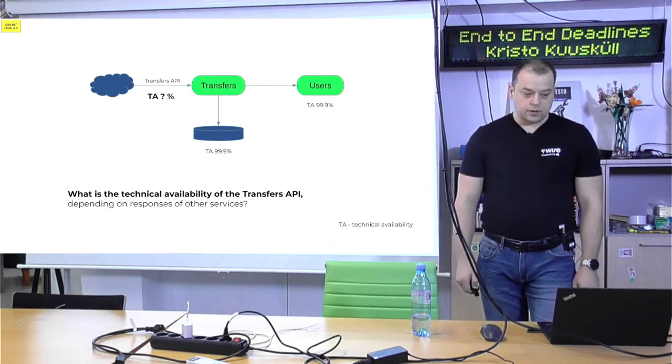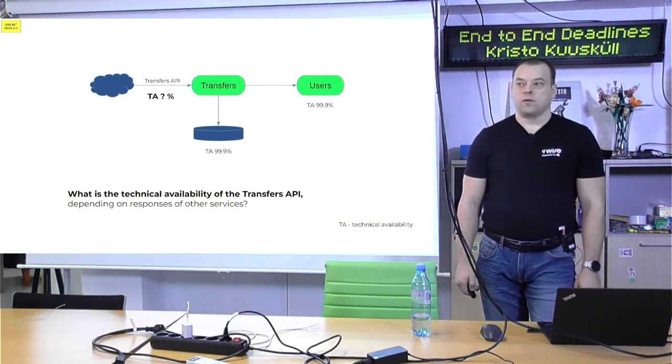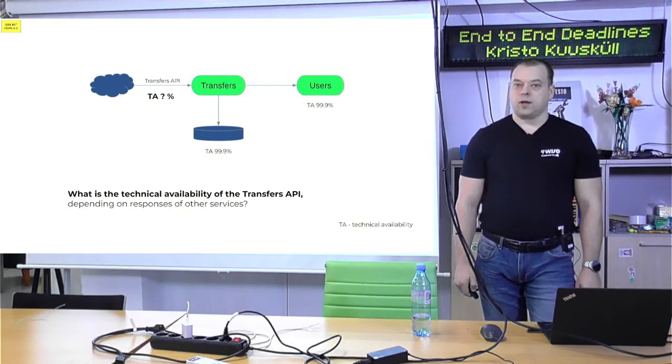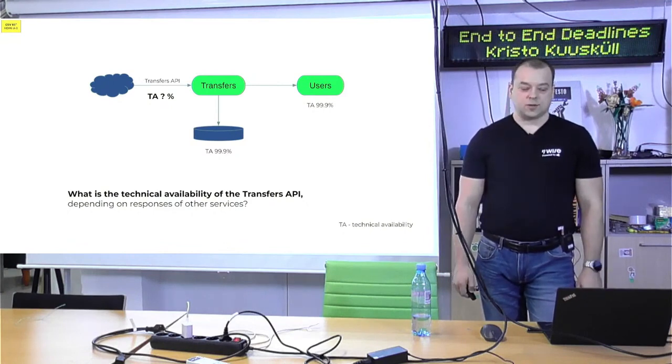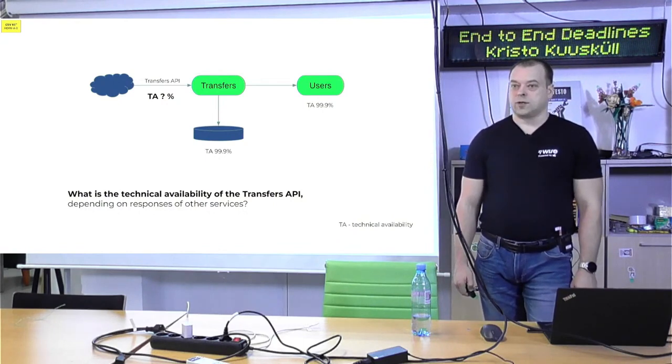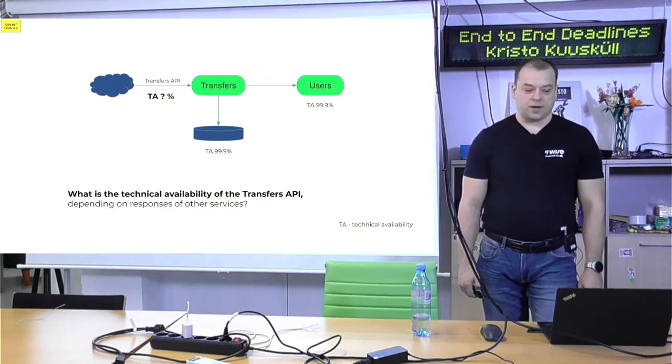And here is a question for you. Typically, if you have a logic, let's say an API endpoint, for example, which needs to do something, it typically depends on other components, other services, but also a database is a typical example.